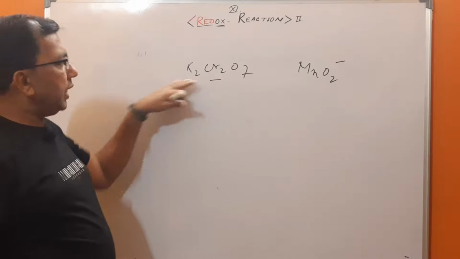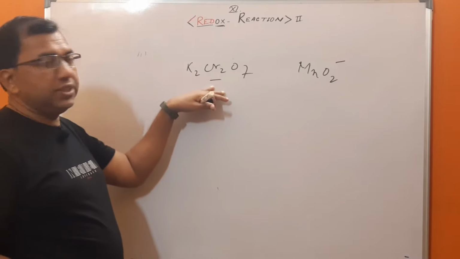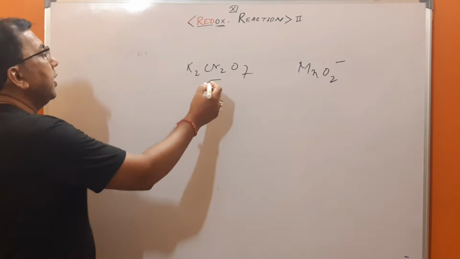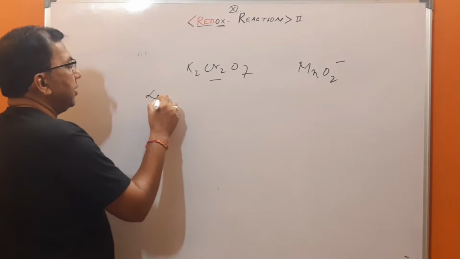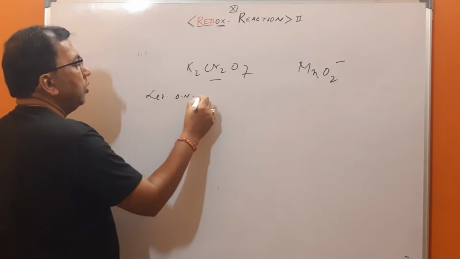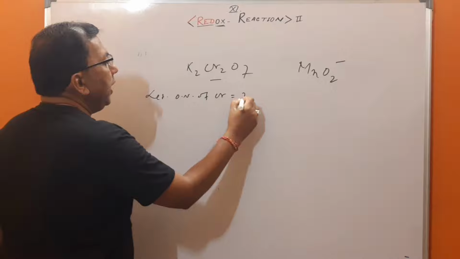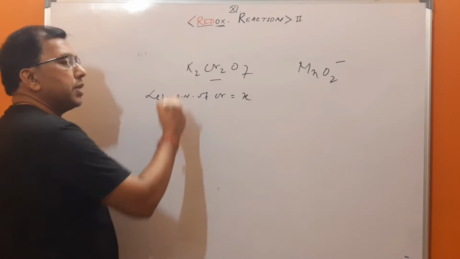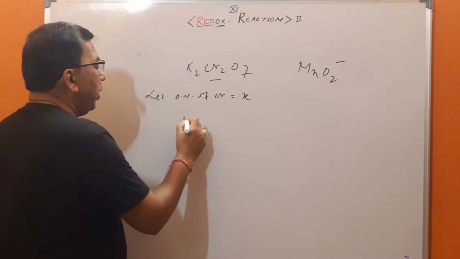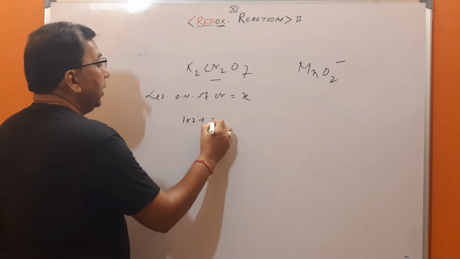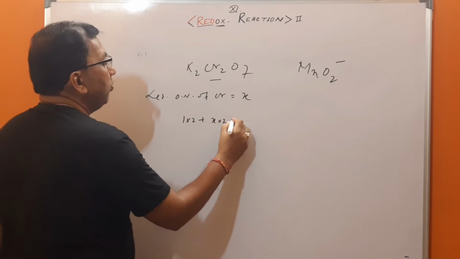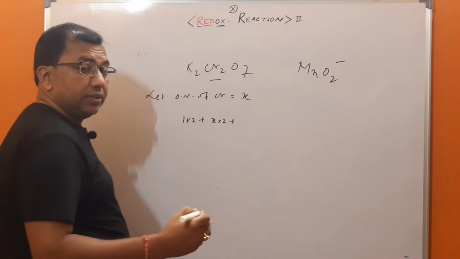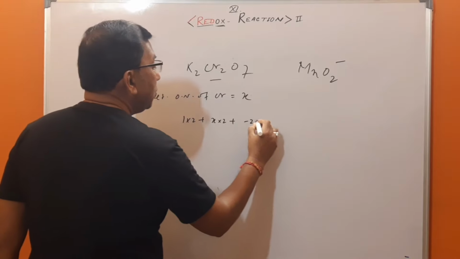We know the algebraic sum of the oxidation numbers of all these equals 0. Let the oxidation number of chromium be X. What do you know of potassium? +1. So 1 into 2 plus X into 2 plus oxygen, how much? -2, -2 into 7.